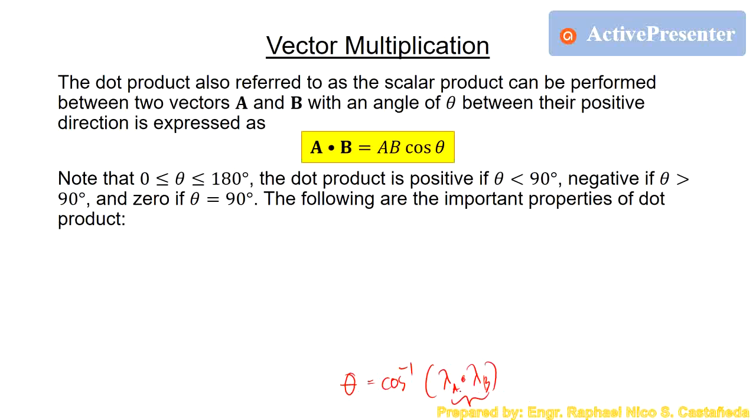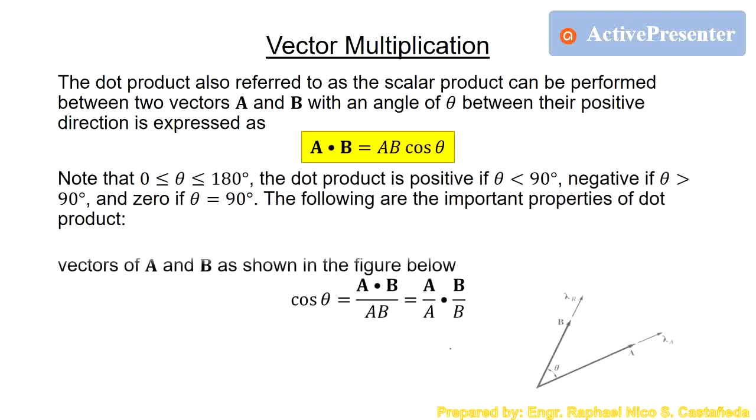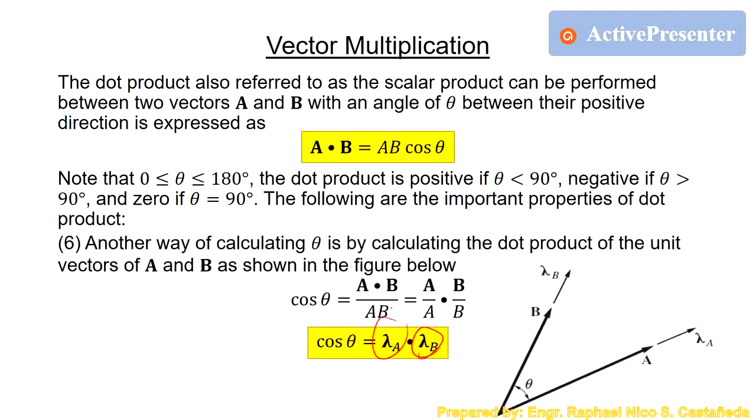And to perform that product, you just use this formula. So this one will become lambda x plus lambda y and plus lambda z. So that will be the formula. You just change this with the components of the unit vector in this formula.